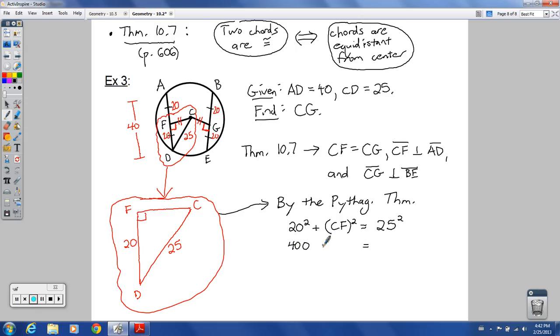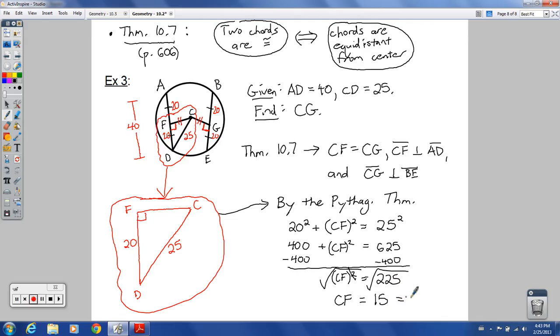This would be still CF squared. This would be 625 if you subtract 400 from both sides. That would leave you with CF squared equals 225. You take the square root of both sides, and you have CF equals 15.